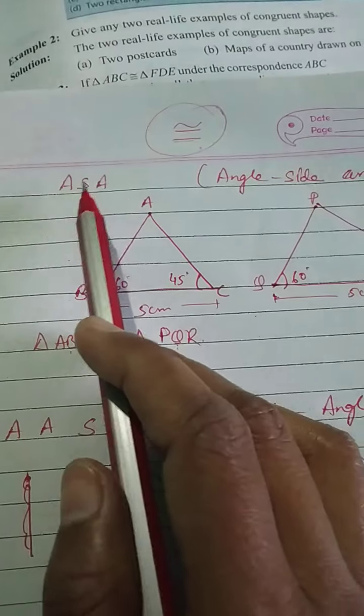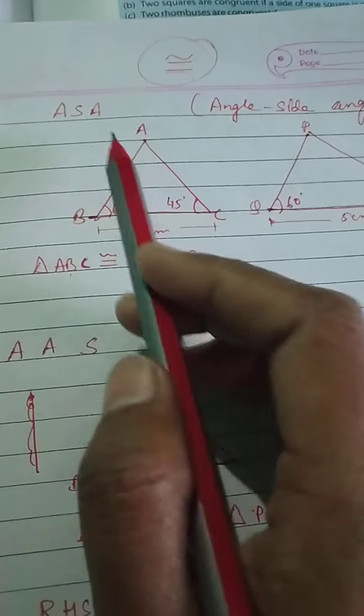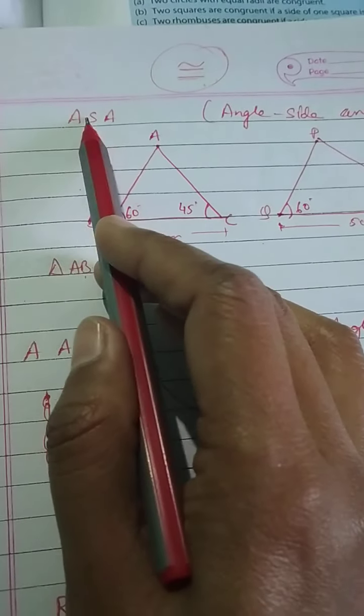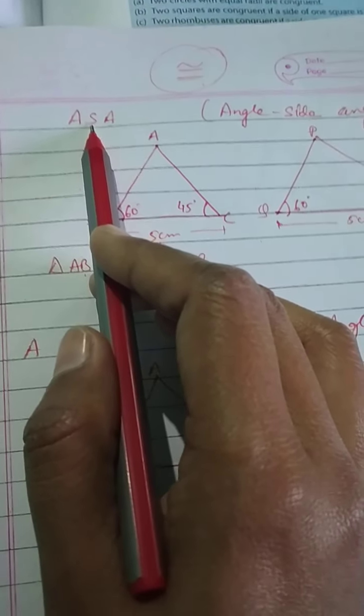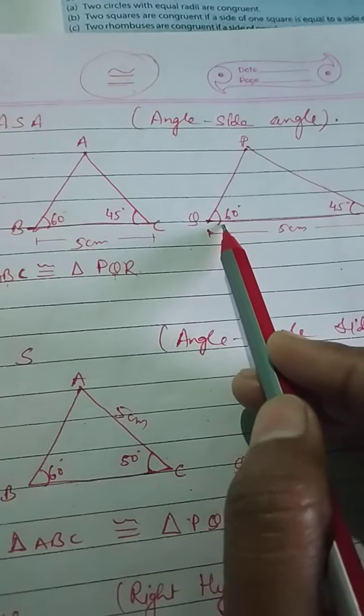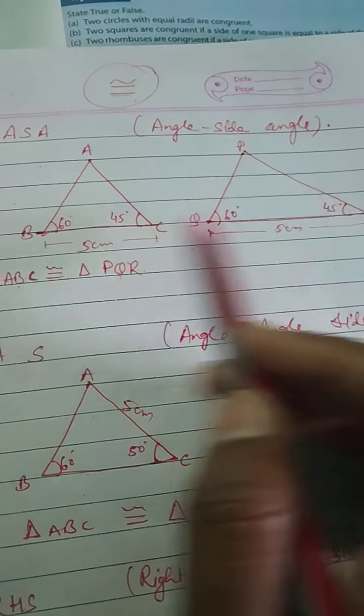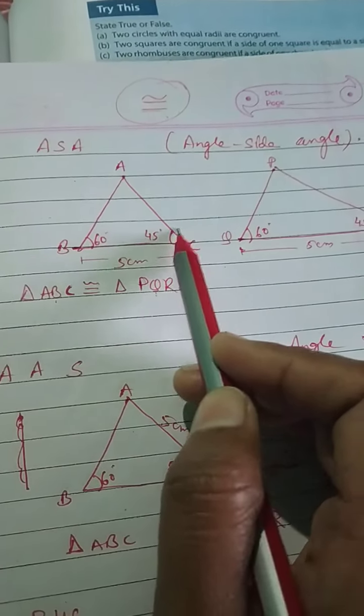Okay. Now angle side angle. The third condition is angle side angle. In angle side angle, between two angles there should be one side. Okay. You can see in this triangle and this triangle, this is 60 degree, this is also 60, this is 45, this is 45, 5 centimeter, this is 5 centimeter. So angle side angle.